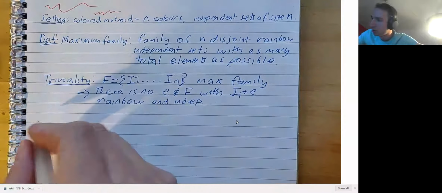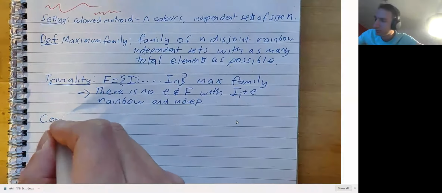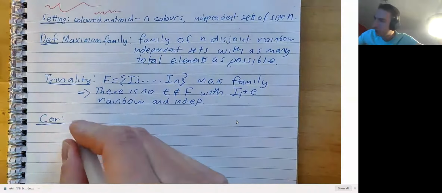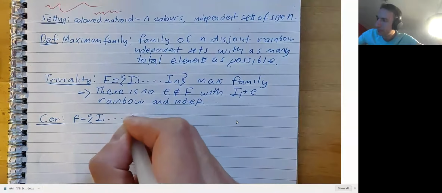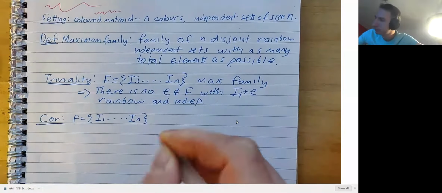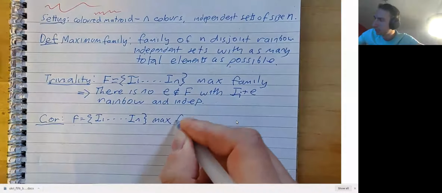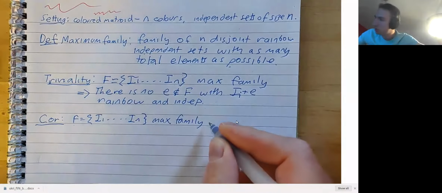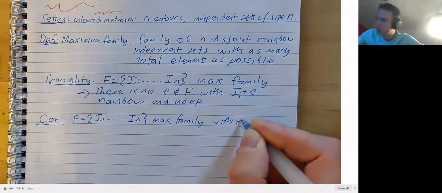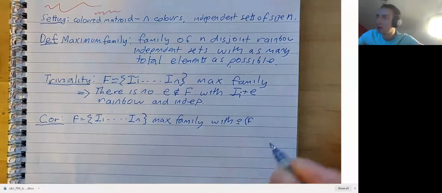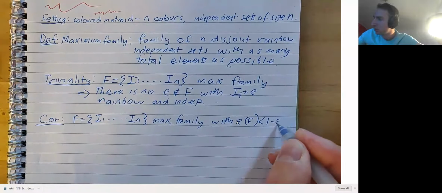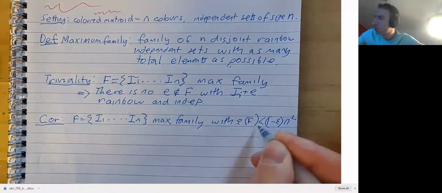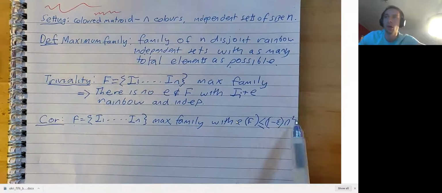So the corollary of this trivial fact is that if you have a maximum family, which is small, so the total number of elements in the family is less than (1 - epsilon) n squared. So let's suppose for contradiction that maximum families are smaller than this.